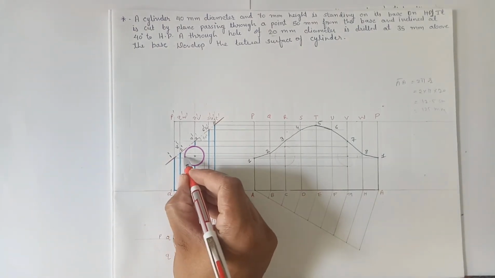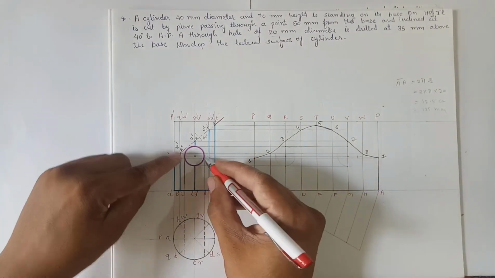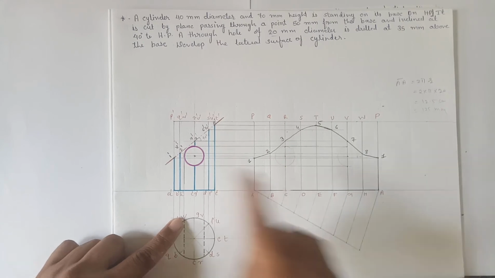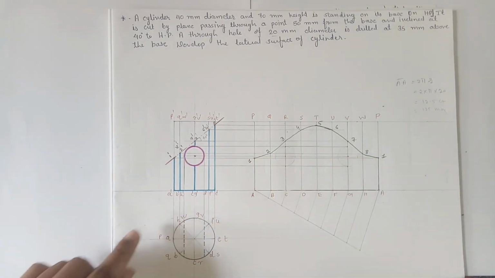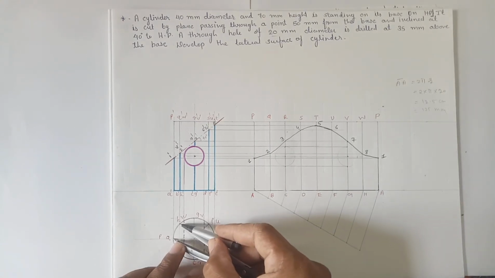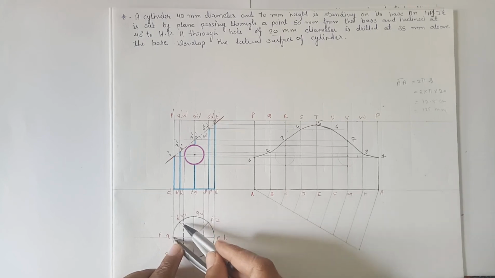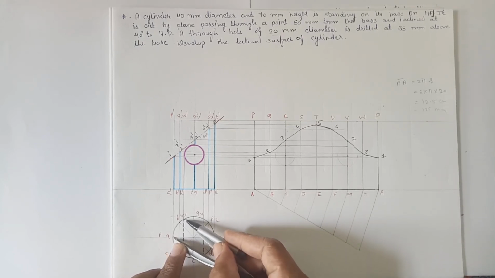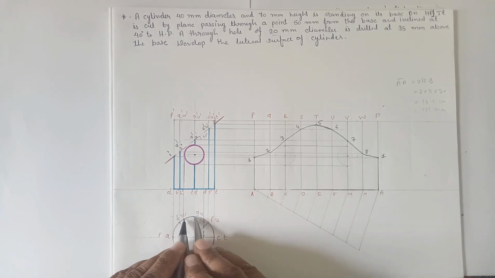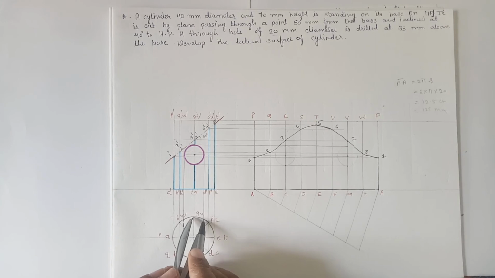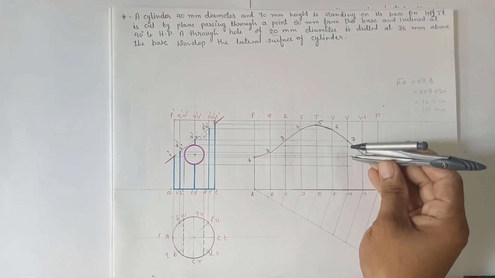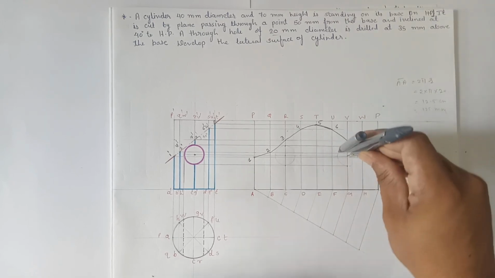Now we have to project these 2 points, and to project these 2 points, we have to measure from the top view on the line of the center. Or we can also measure it from the GV generator over here, this length. So we have a GV generator over here, mark this length 1 and 2.